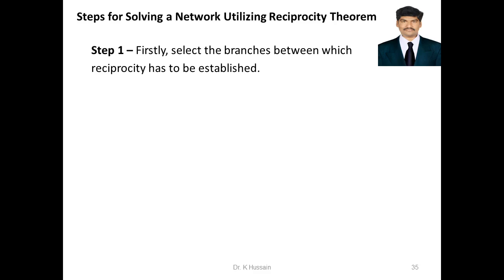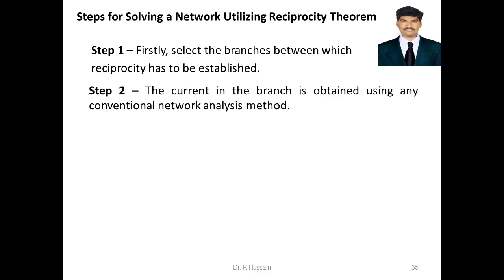You have to decide which ones. Sometimes it may be a simple network, sometimes not. You have to select the branches between which you will shift the source from one place to another. Second, the current in that branch is obtained using any conventional network analysis method.